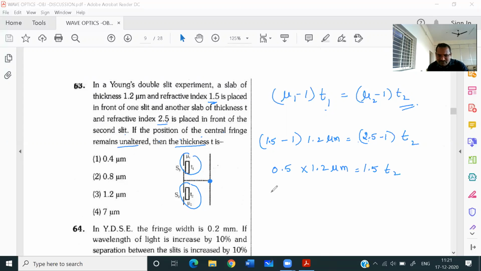Then T2 will be 0.5 into 1.2 micrometer upon 1.5.